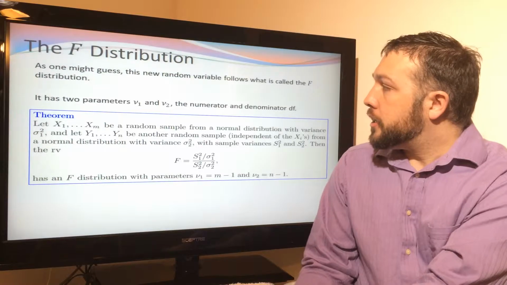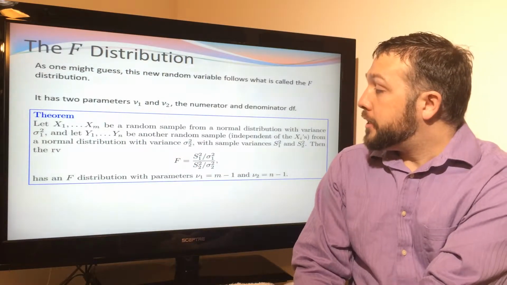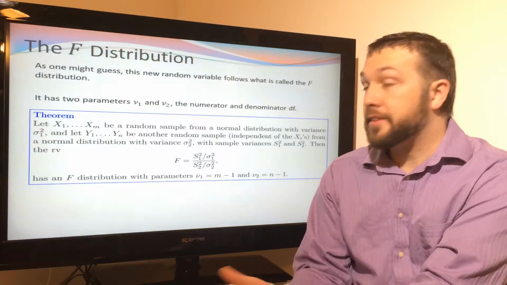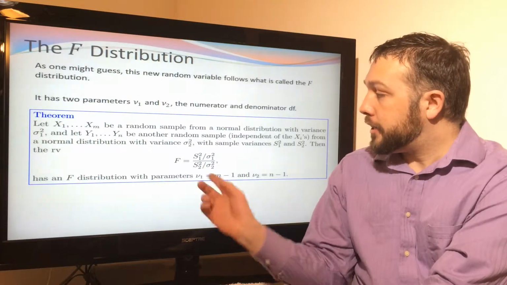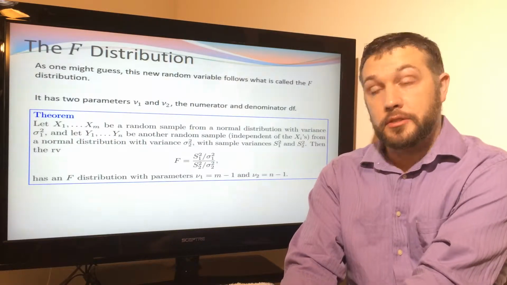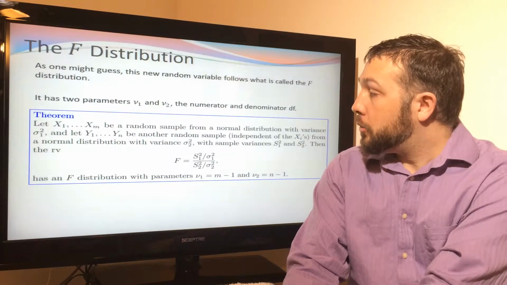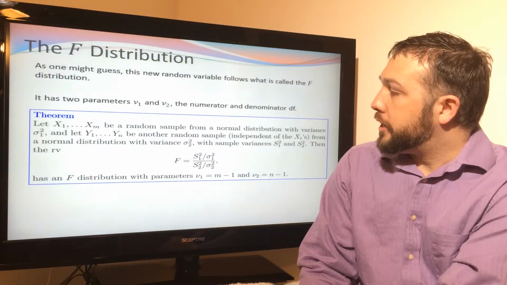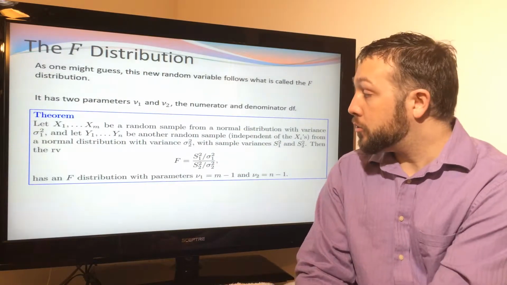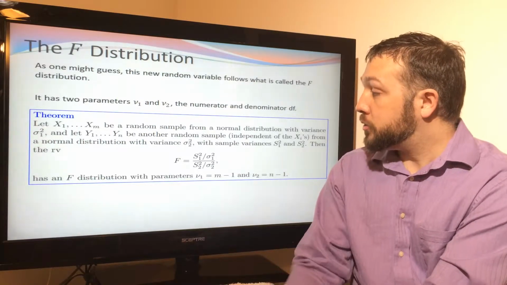And so the numerator degrees of freedom is what goes in the numerator of our F distribution. We'll usually think of that as the x sample, and then S2 corresponds to the y sample. That's the denominator degrees of freedom. So when we divide this particular quantity, you plug in the expression from the last slide for x over nu, and x1 over nu1, x2 over nu2.